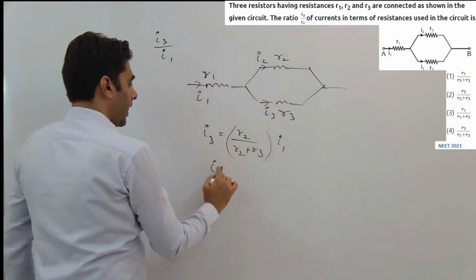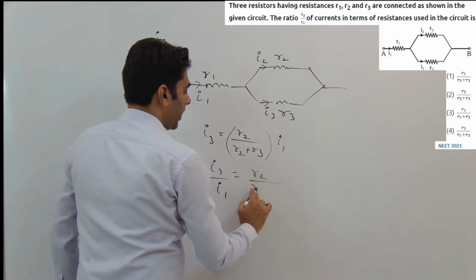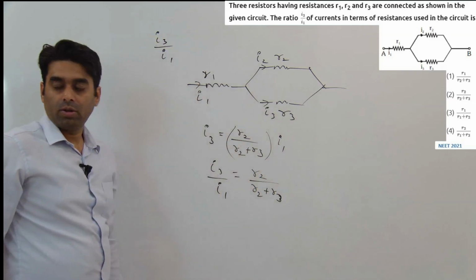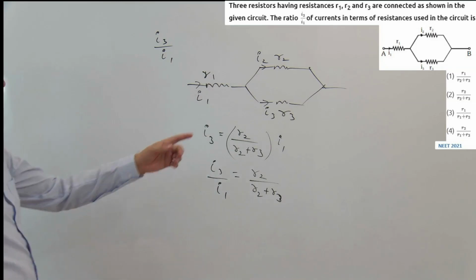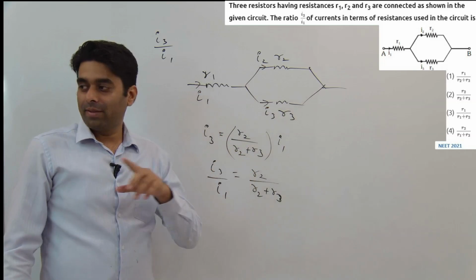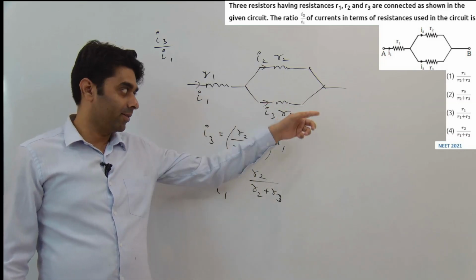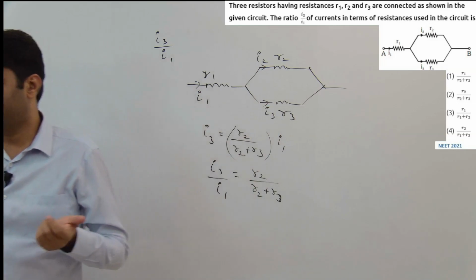So I3 by I1 comes out to be R2 by R2 plus R3. Now check which option is given to us: R2 by R2 plus R3 is option number 2. The options are a little smaller in size, but I hope you can see it. So option number 2 is our correct answer. Fine. Let's look at our next question.